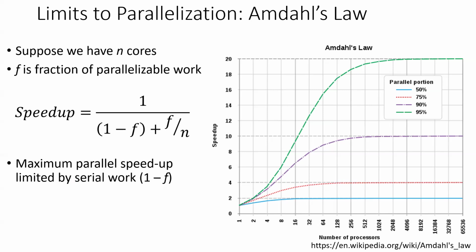If you can only parallelize half of your work, so F is 0.5, 1/2, in this case, even if you have infinite cores, so that this term goes to 0, you are still limited by this term. So your maximum speedup is 2x. Does this make sense?